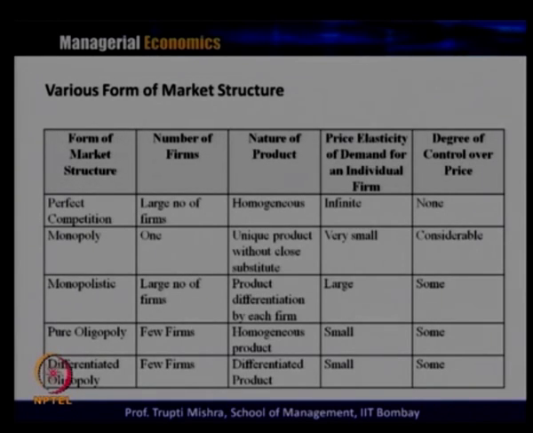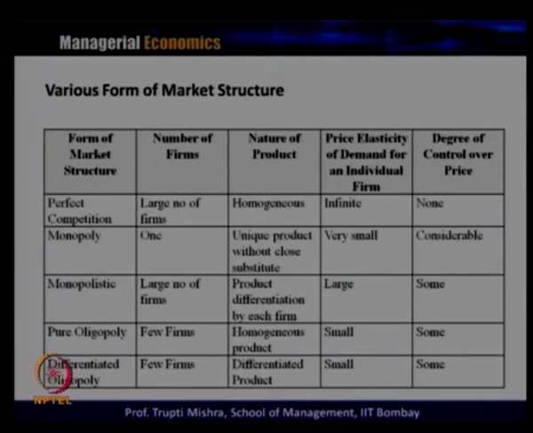Price elasticity of demand is very small, because since there is a unique product, even if the price increases, still people buy it, and degree of control over the price is considerable. Monopolistic, large number of firms, product differentiation by each firm, like even if there are a large number of firms, each firm produces a different type of product which is different from the other.